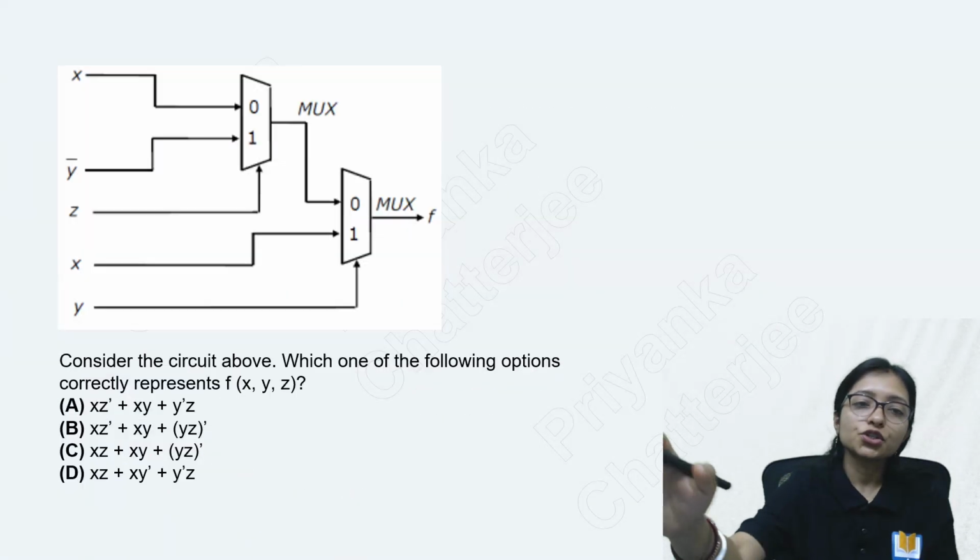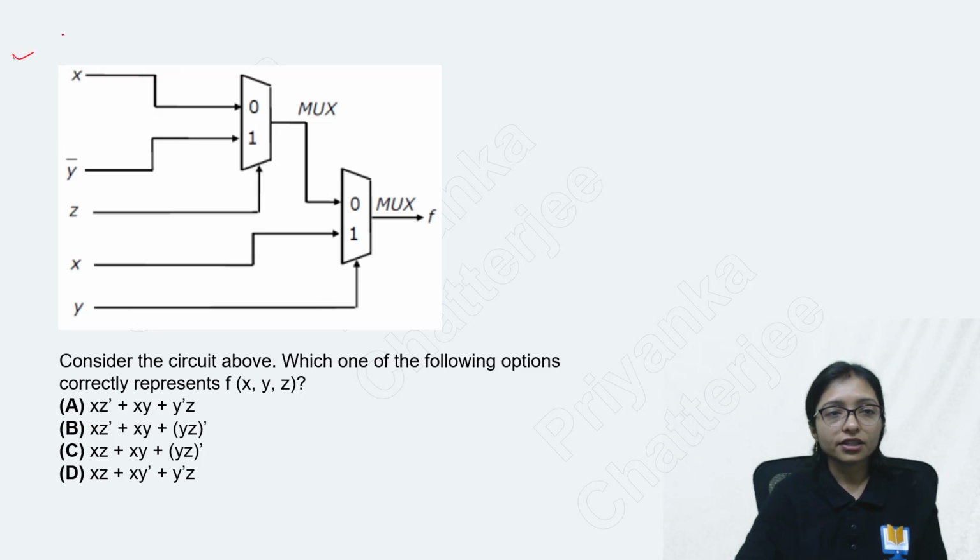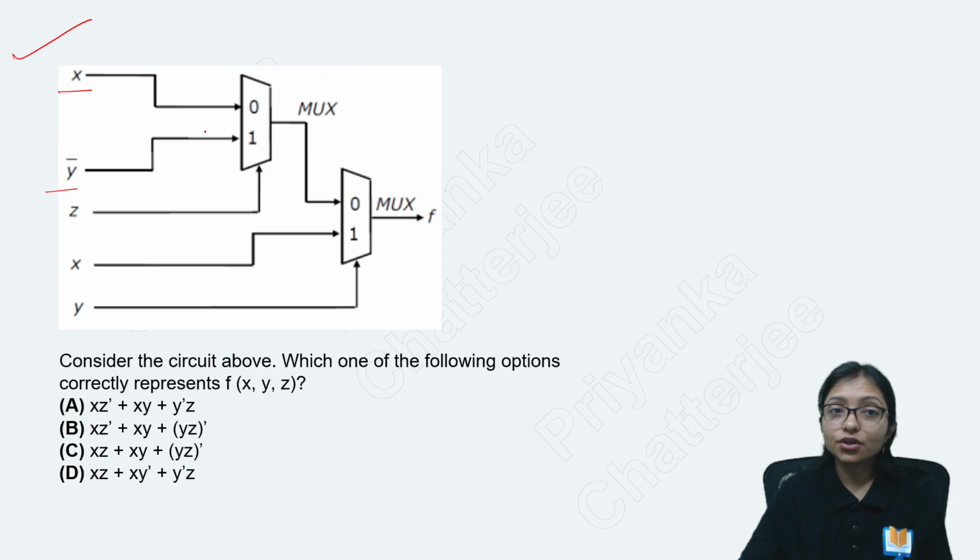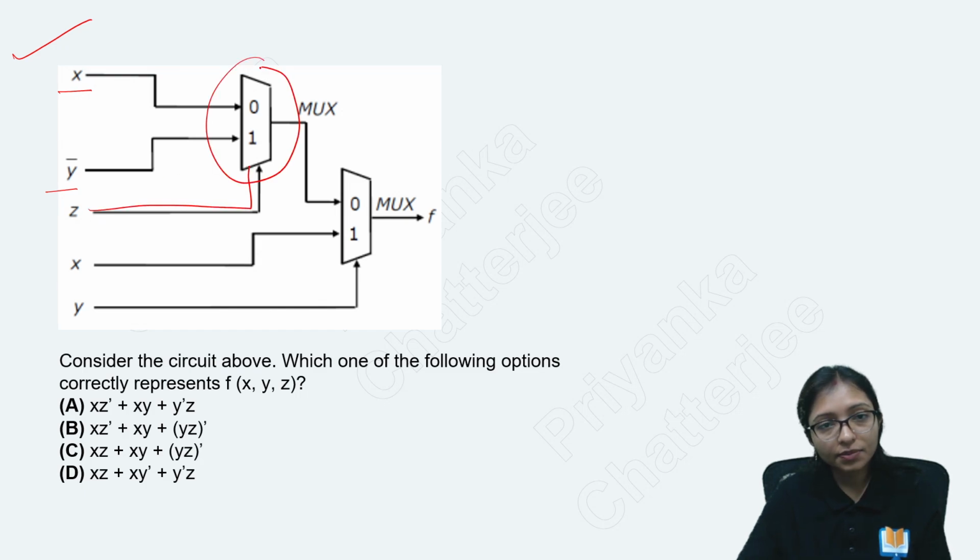Super. Now see that here, this one. How to do it? Here whenever you are getting X and Y bar, how to do? Here also actually 2 multiplexers. This is working as the select line of this first multiplexer. This is working as the select line of this second multiplexer.